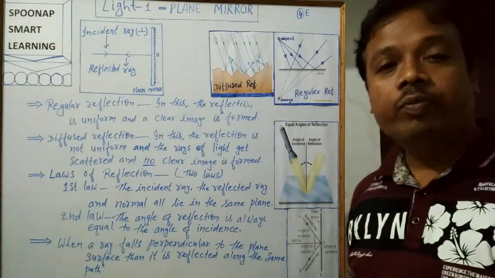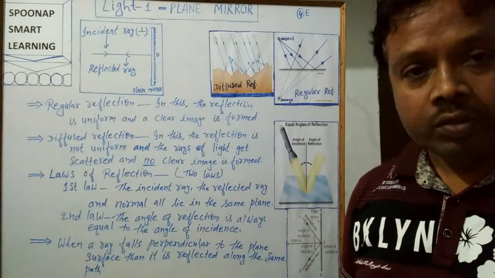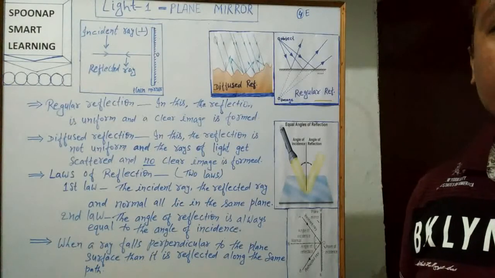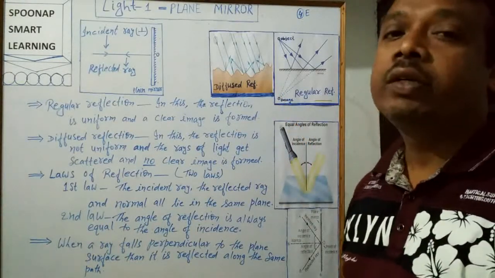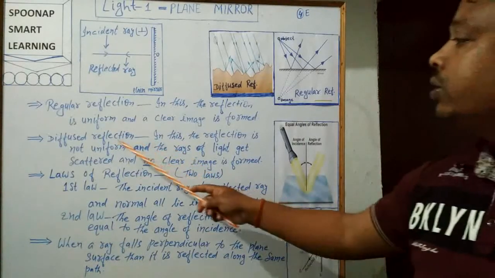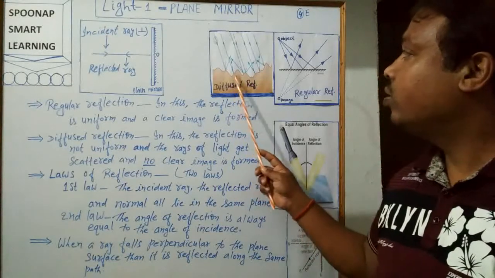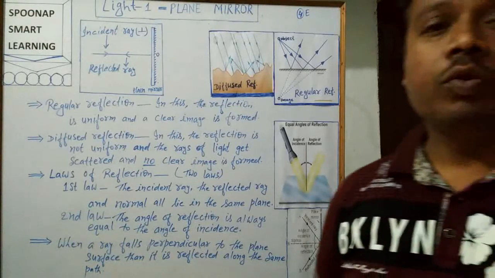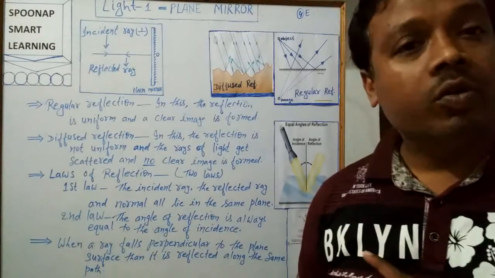Why is a clear image obtained? Because the surface is plane and polished. Clear? When the surface is plane and polished, then we get a clear image because the reflection takes place uniformly. In case of diffuse reflection, the reflection takes place on a rough surface, and so the reflection is not uniform.